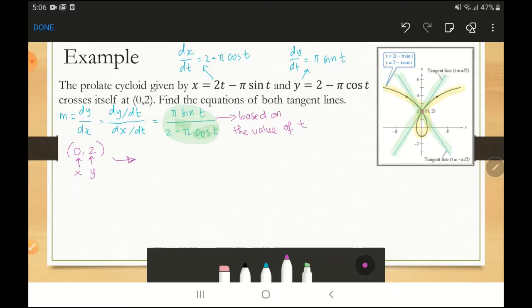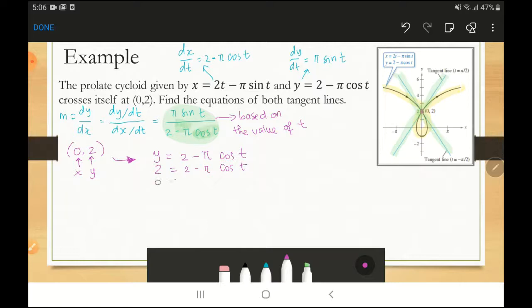Because the y equation is simpler, let's choose this one. So y equals 2 minus pi cos t. We know y is 2, so we have 2 equals 2 minus pi cos t.